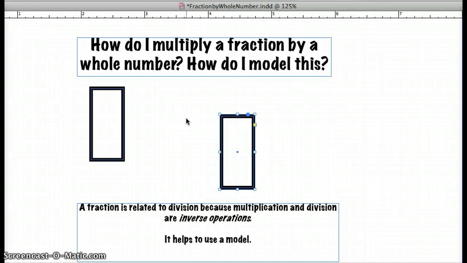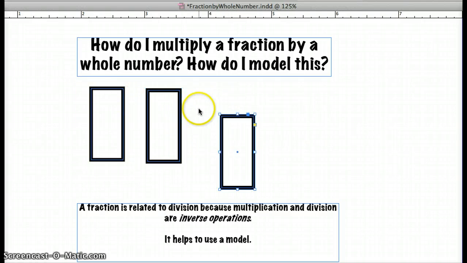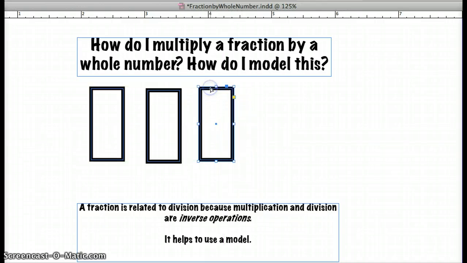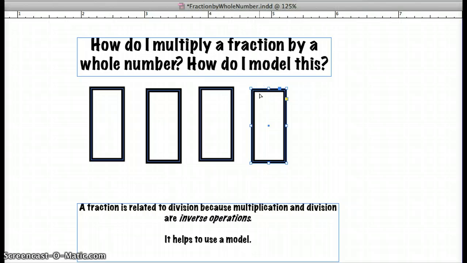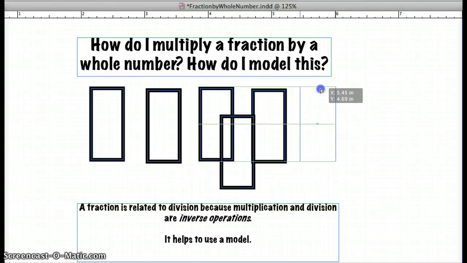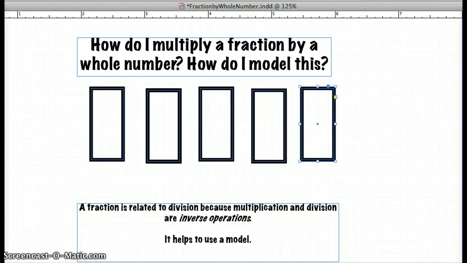1, 2, 3, 4, 5. Here's 2. Here's 3, 4, and 5. And I want to divide each of those quarts into thirds.